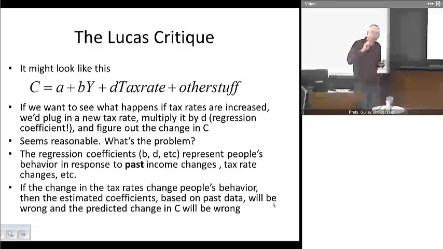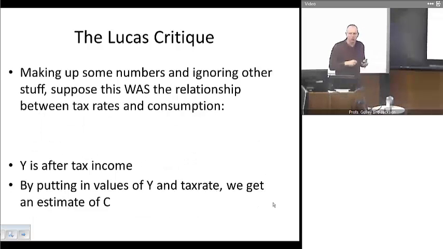Suppose that when Congress and the President change the tax rates, people's behavior changes. Well, if their behavior changes, the regression coefficients might change as a result. And if the regression coefficients change, unbeknownst to Congress and the President or to other policymakers, then any predicted changes in consumption are going to be incorrect.